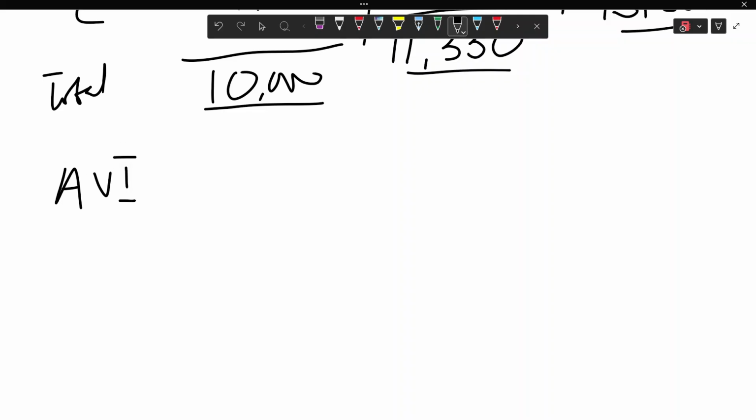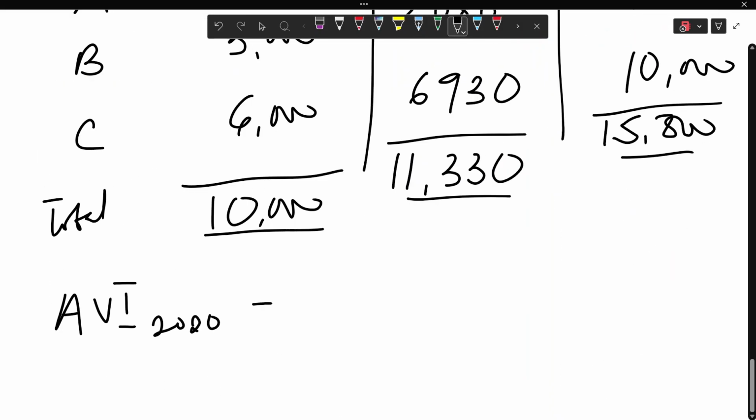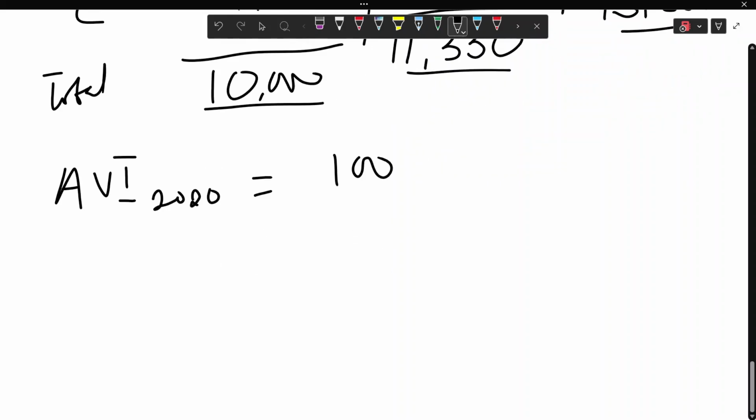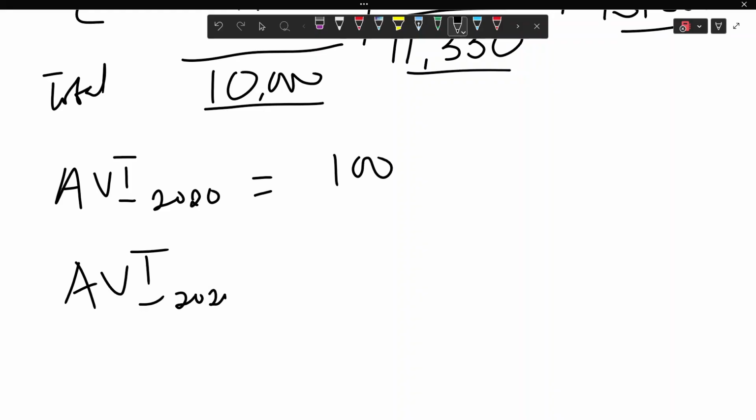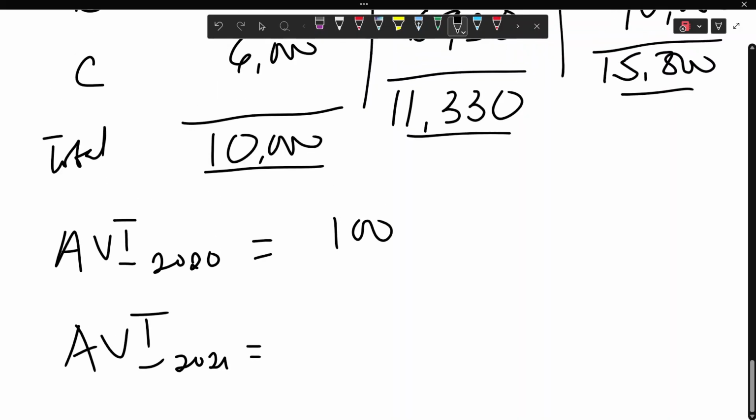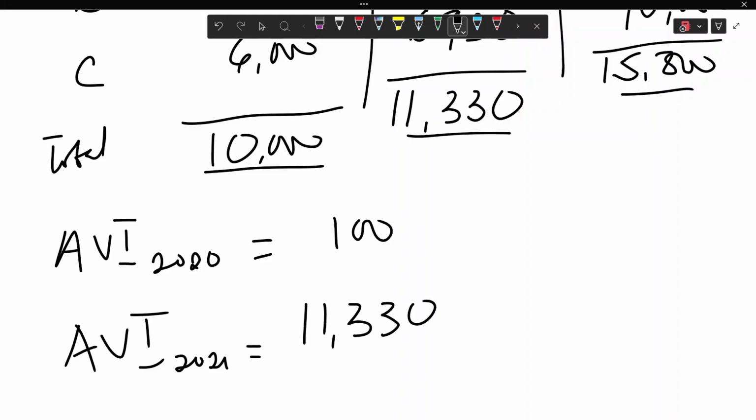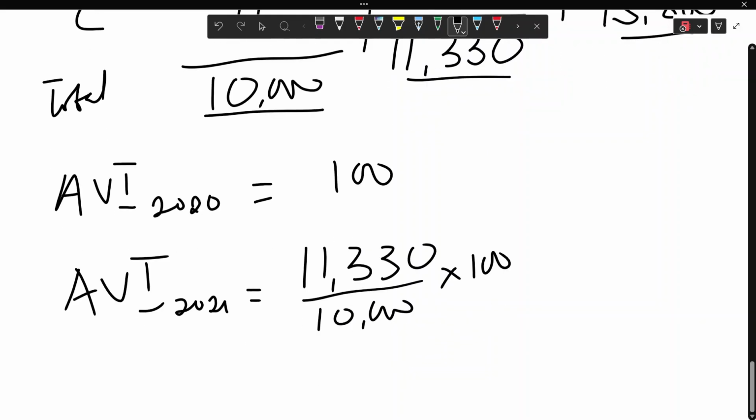Okay. So let's find our aggregate value index for 2020. 2020, which is the base year, is always 100. Then the aggregate value index for 2021 is equal to the aggregate value for 2021, since the current is 11,330, divided by the base year value, which is 10,000, multiplied by 100.